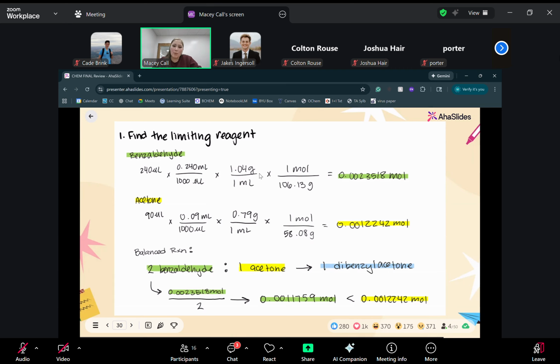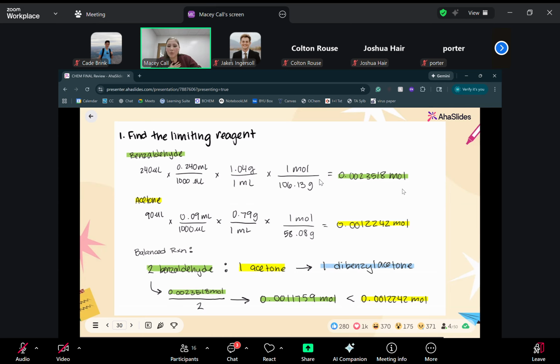And then I'm going to use my molecular weight to go from grams into moles. If I look at all these fractions together, my units are going to cancel out, right? So my microliters cancel out, my milliliters cancel out, and then my grams cancel out. So I end in moles.